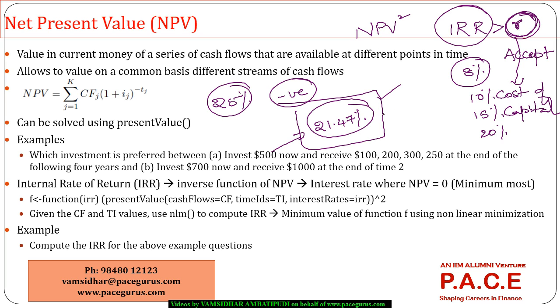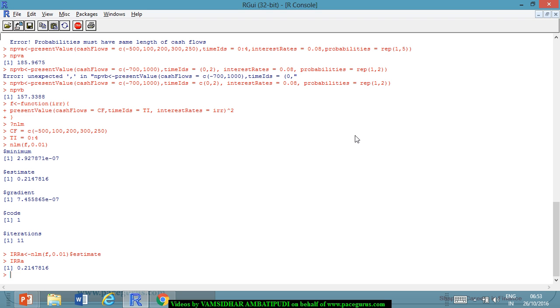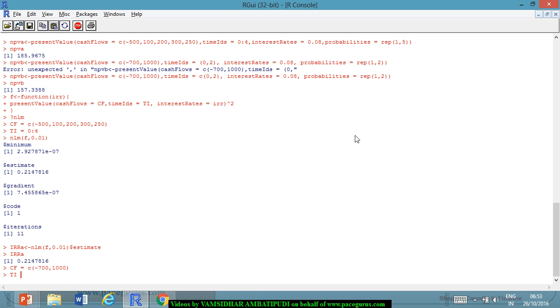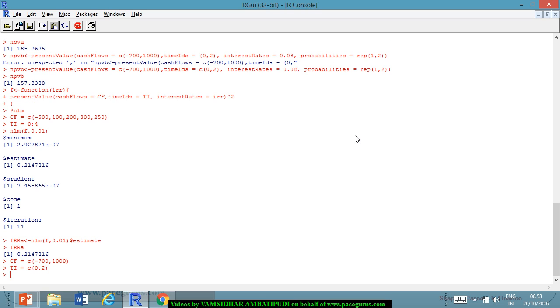So this is a project which is giving me 21.47% return. Quickly, if you execute the same for the second, my CF now is becoming minus 700 comma 1000. This is the second numerical that I am taking. TI is becoming C0 comma 2, right?